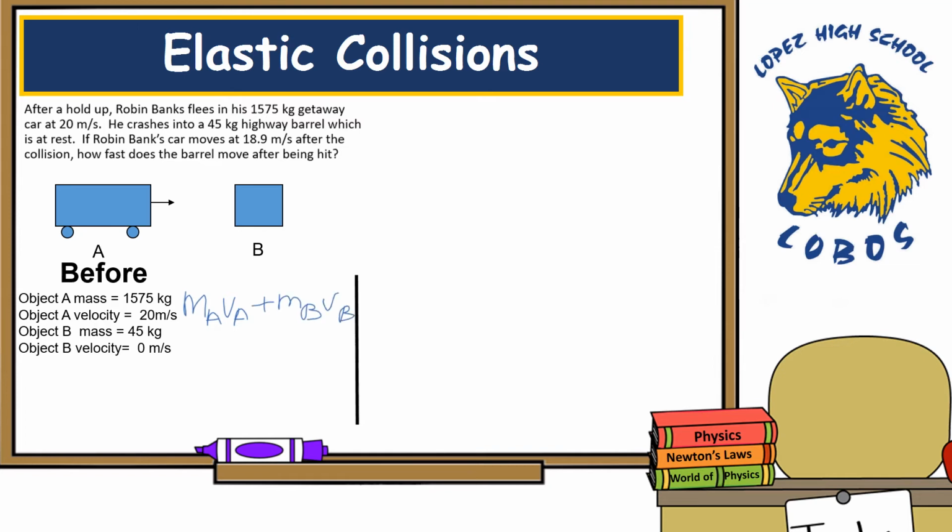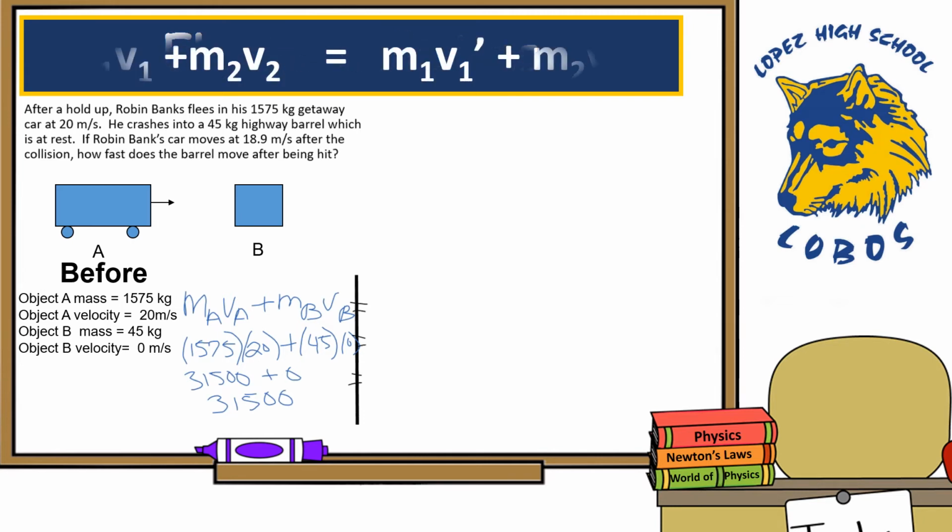When we multiply the mass and the velocity of each object to find out the momentum, we find that object 1 has a momentum of 31,500 and object 2 has a momentum of 0. Then we just need to add up these two and it gives us a total of 31,500. This means that after the collision, we must have the same total momentum, which is why we're going to equal both sides to each other.